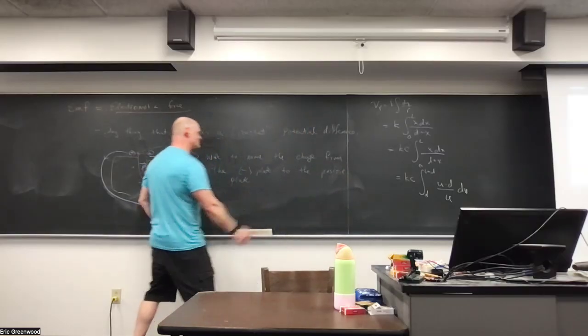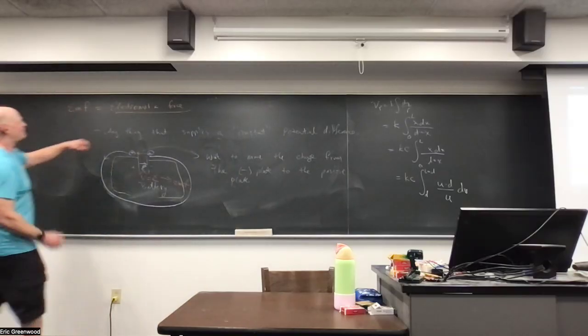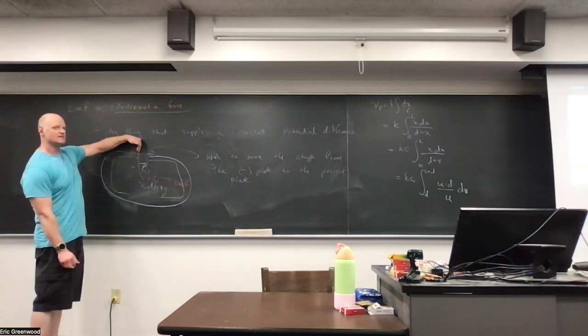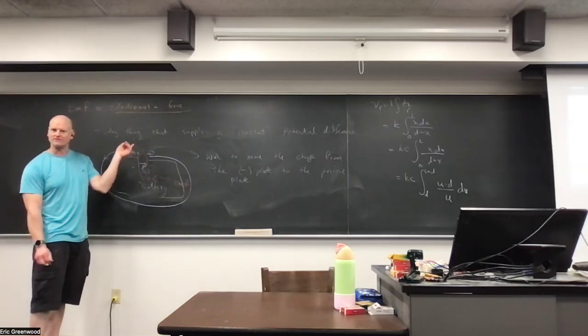So this is the point of a battery. The point of the battery is to do work onto the system by moving the charge from the negative plate to the positive plate, so that way it can still have the current, in this case, or the charges flowing through the system. Okay?